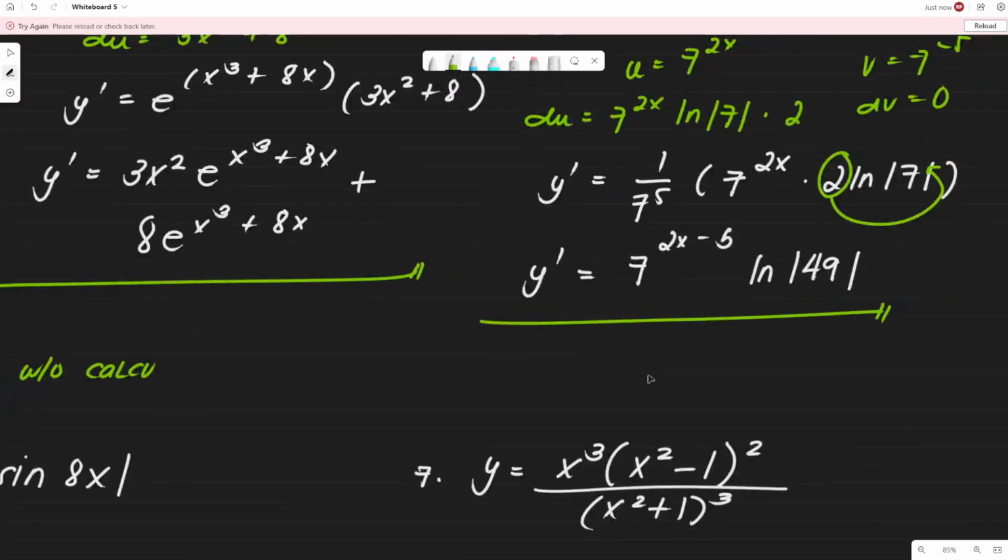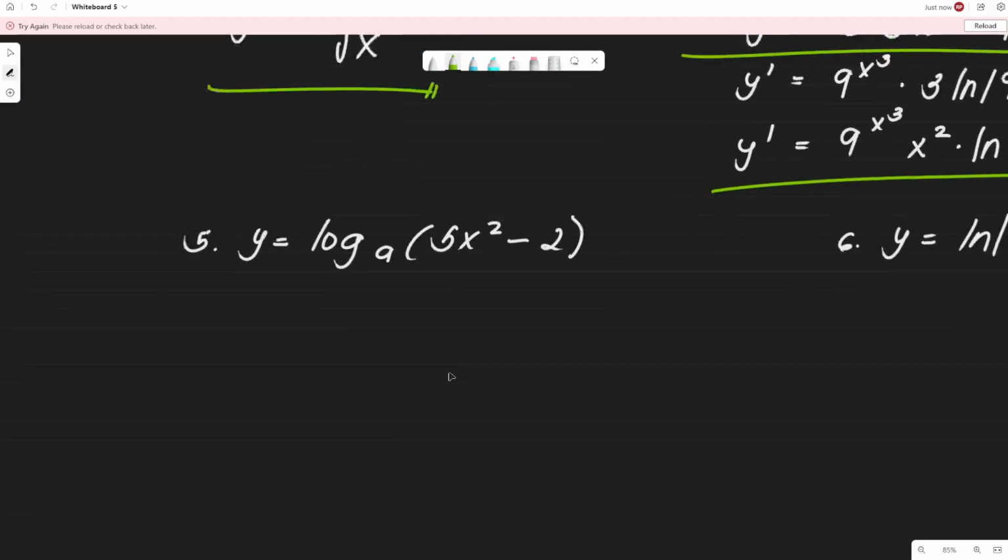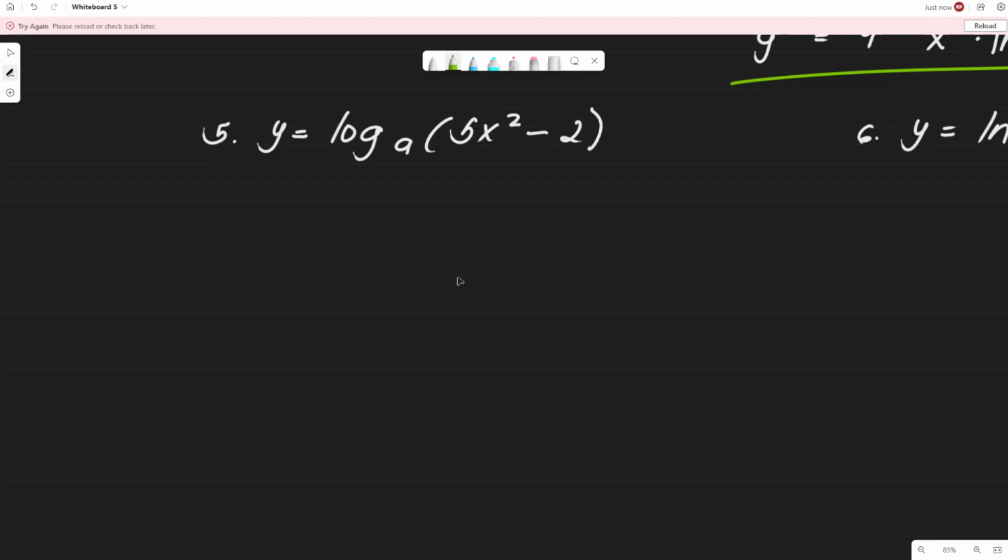Ayan. Okay, so let's proceed with number 5. So punta na tayo sa mga logarithms natin. So we have y is equal to log base a of 5x squared minus 2, 'di ba? So we have our u is equal to 5x squared minus 2. So our du is simply 10x, 'di ba?